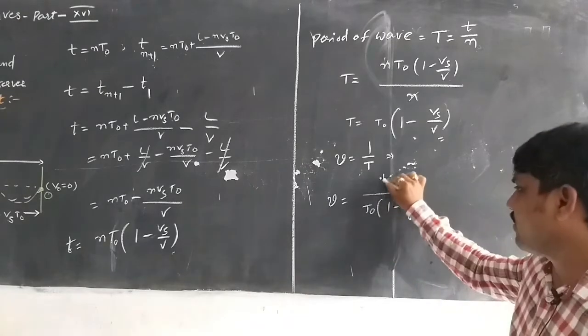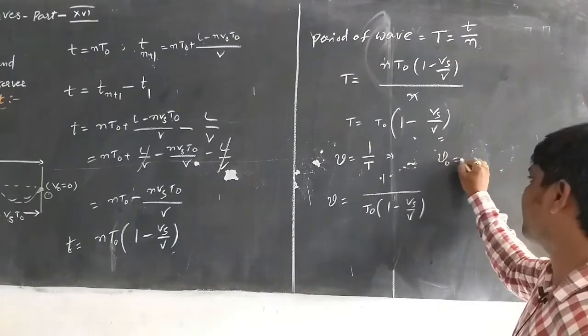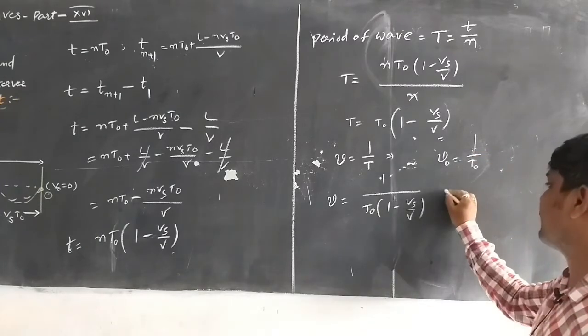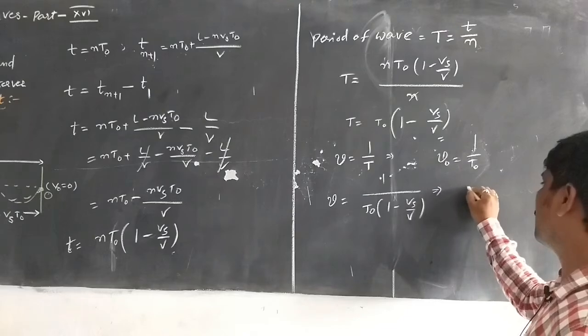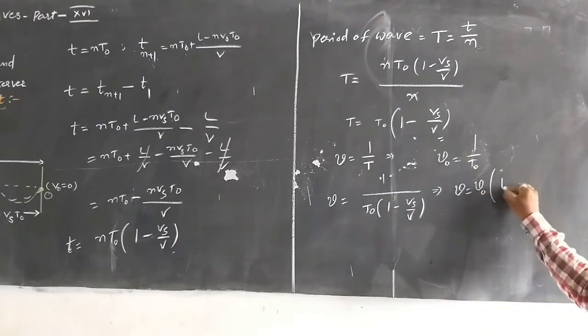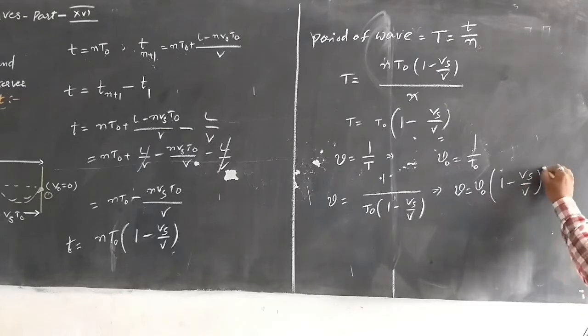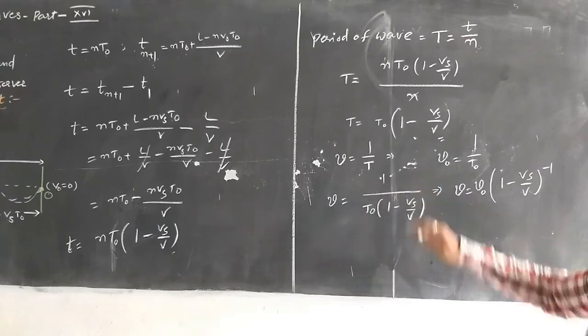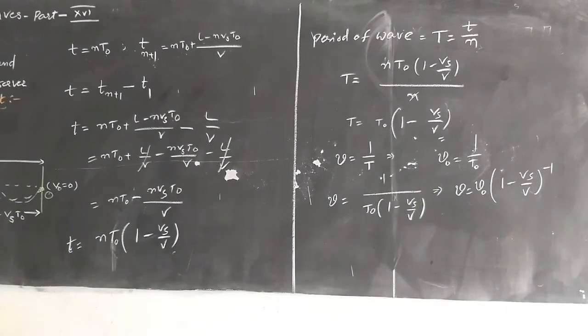Here 1 by T naught is nu naught, the apparent frequency, and T naught is the apparent time period. Then we get nu is equal to nu naught of 1 minus Vs by V inverse. Whenever something is in the denominator and taken to the numerator, we get the inverse.